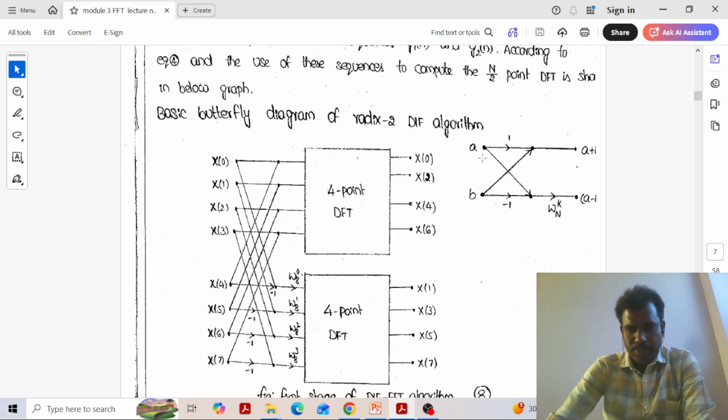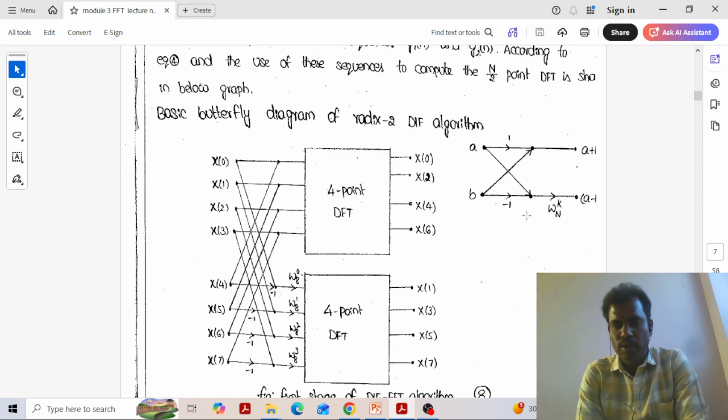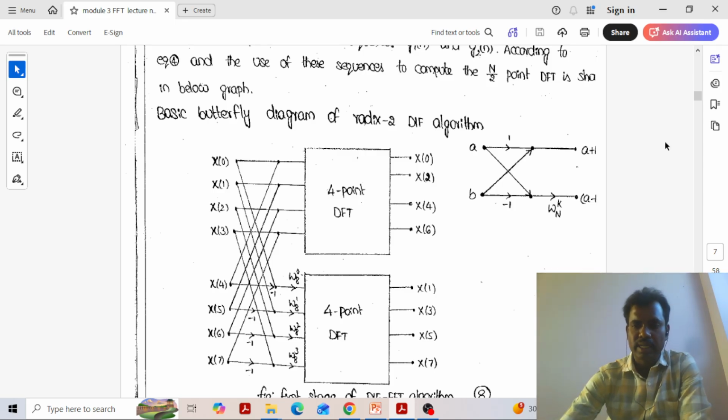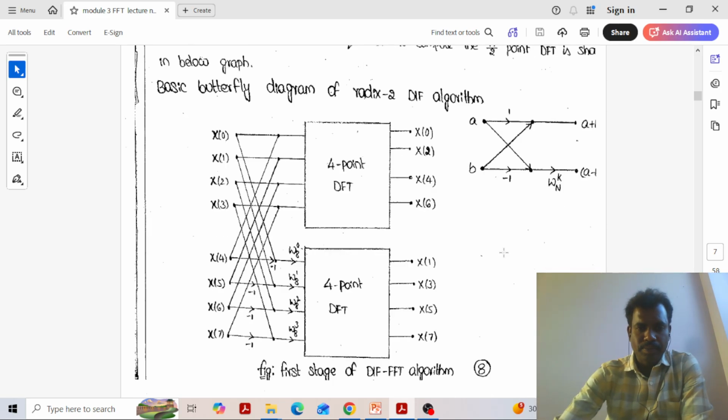A, B are input samples, and here the input samples are not multiplied with twiddle factor. After adding and subtracting, we will perform A plus B here, and A minus B here. After the addition and subtraction, only the subtracted branch, the lower half, will be multiplied by twiddle factor W_N^(kn).